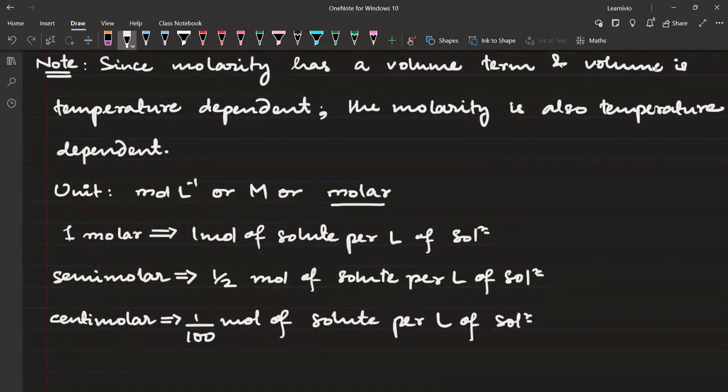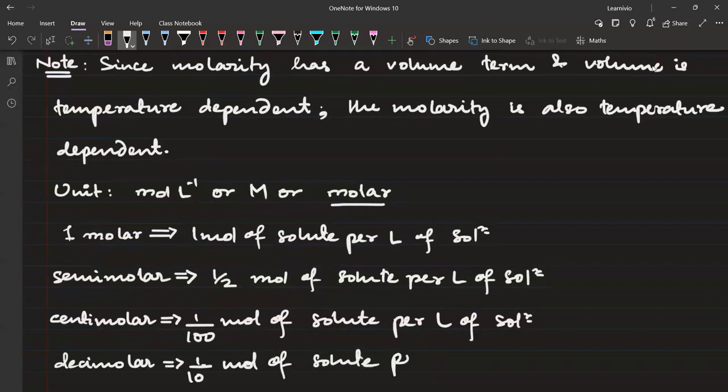Similarly, if you have decimolar, that will mean 1/10 mole of solute per liter of solution. I hope this is clear. Yes or no, please tell me, guys. Yes, sir.